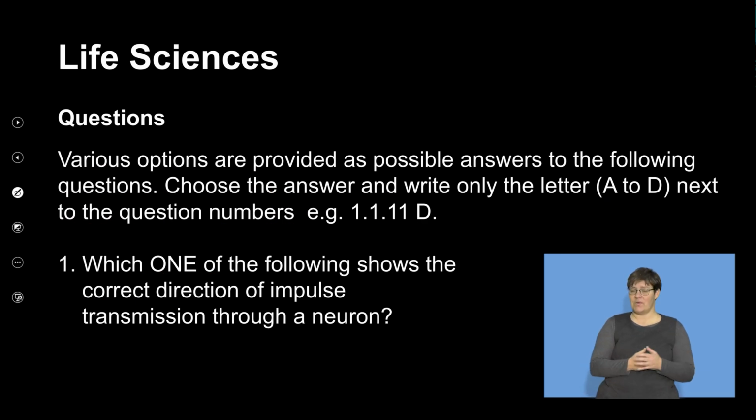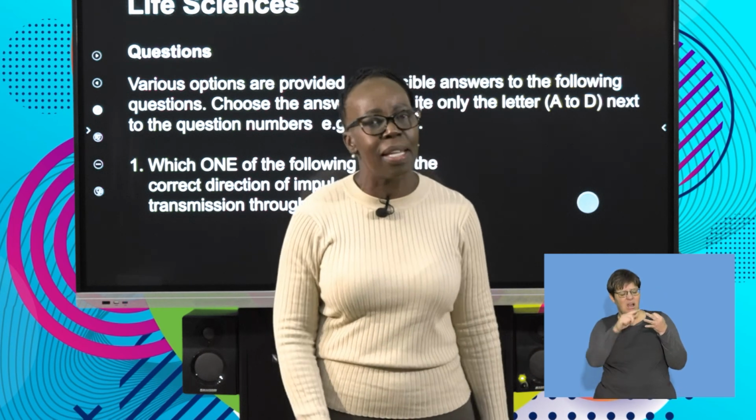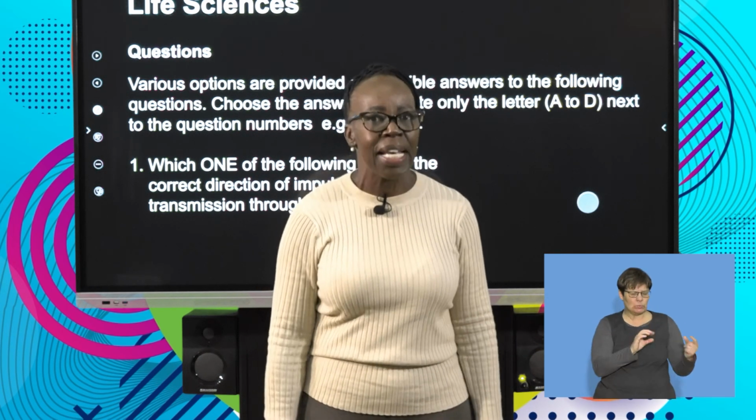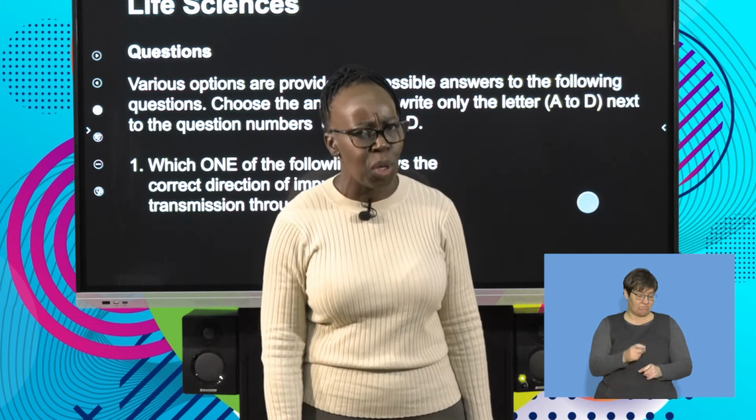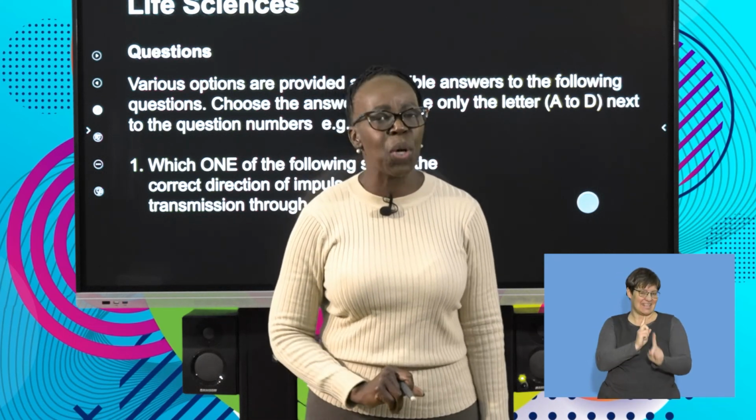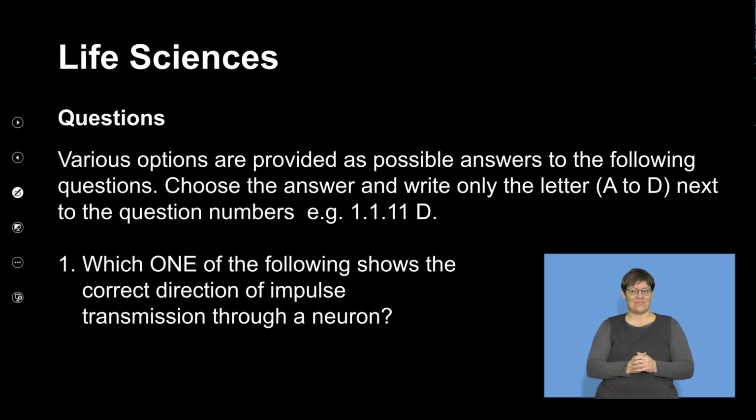Then, because we did look at the three types of neurons, the labelings and the functions, let's take the questions now. I'm sure you'll be able to answer these questions. The first question here says various options are provided as possible answers to the questions.